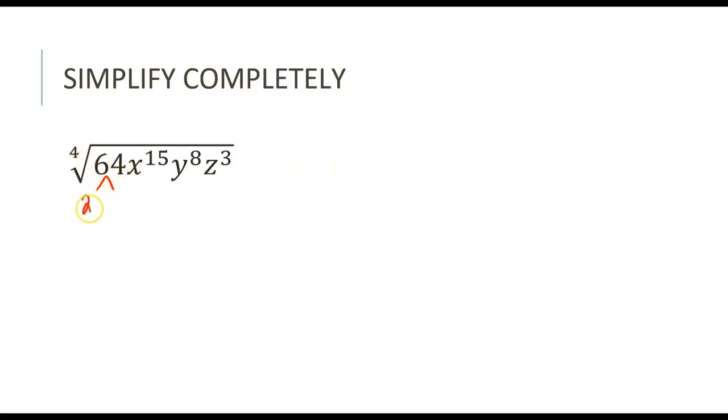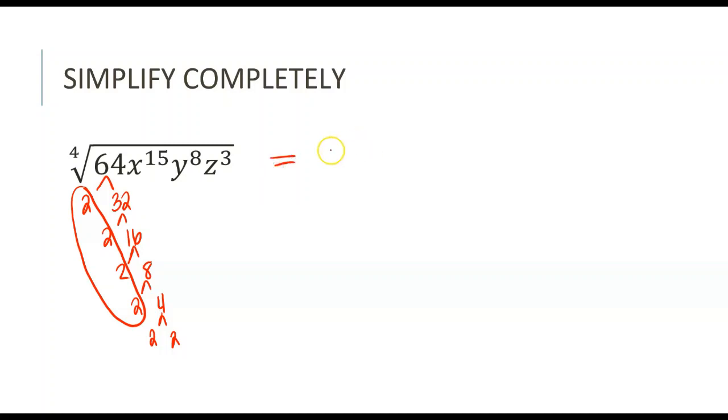I can break down 64 into 2 and 32, into 2 and 16, 2 and 8, 2 and 4, and 2 and 2. Because it's the 4th root, I'm going to circle 4 of the same number, and that gets to come to the outside. It gets to break free. Woo!